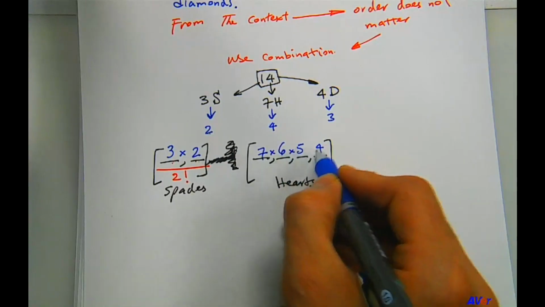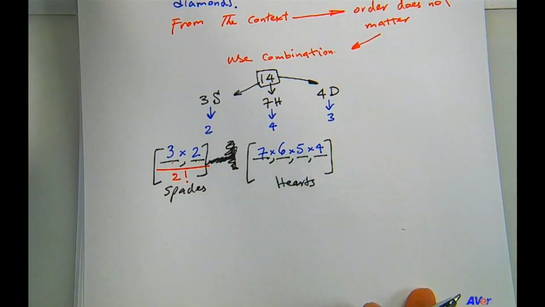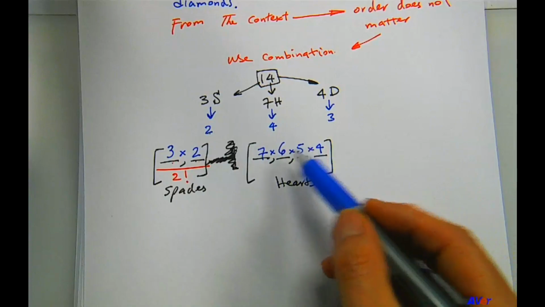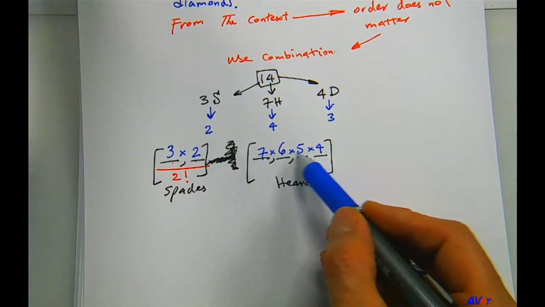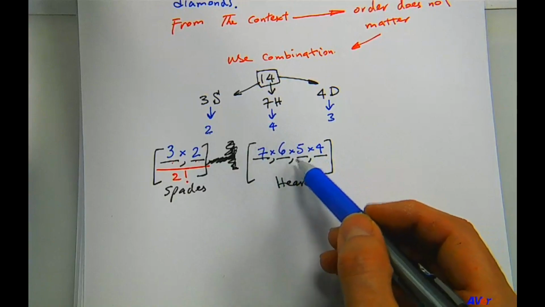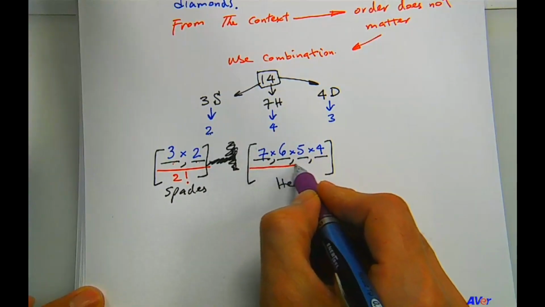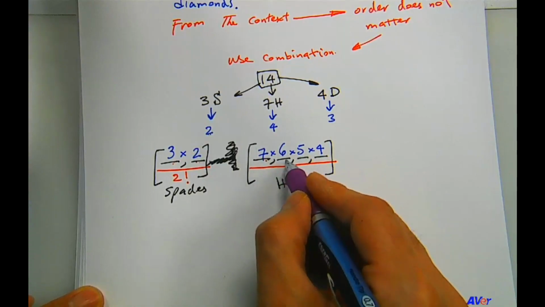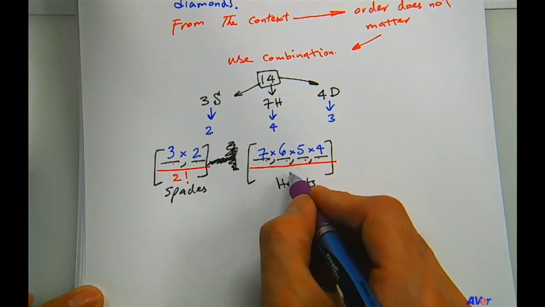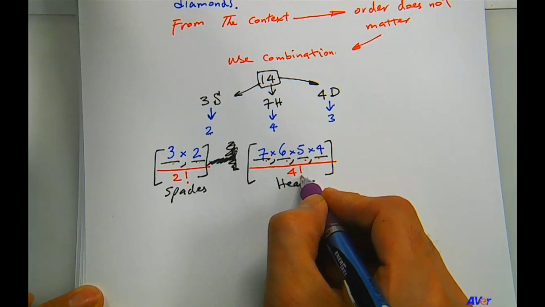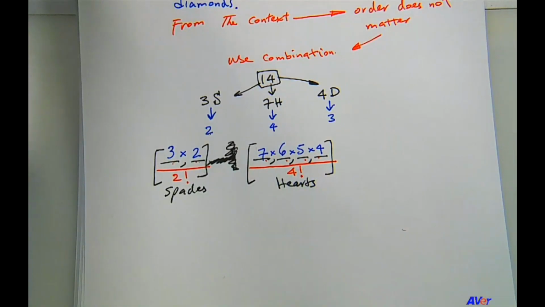By the multiplication principle, we can multiply these. And if I left it like this, this would count the permutation of these 4 cards. So we want combination. To get rid of the duplicates, we divide this group by the number of positions factorial. So this would be divided by 4 factorial.